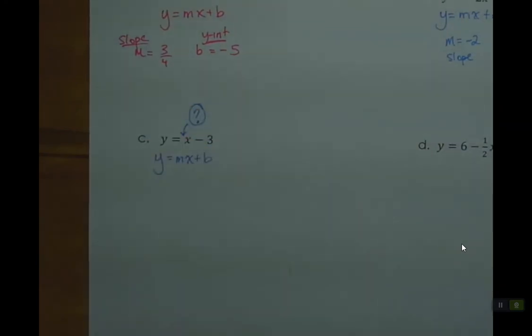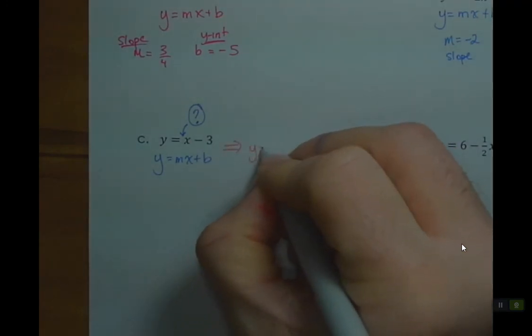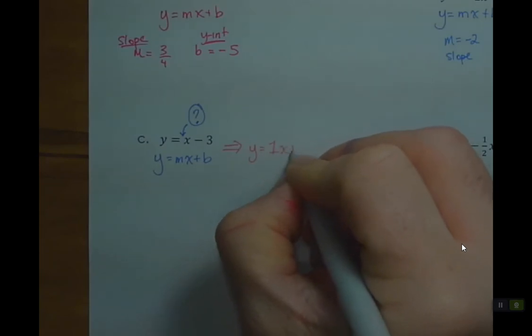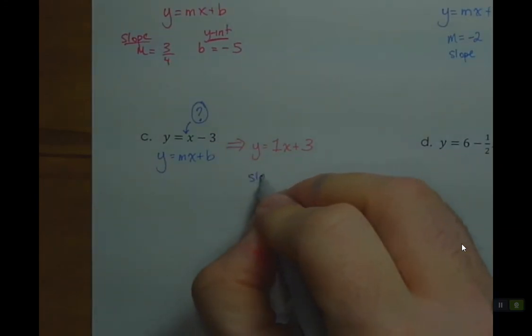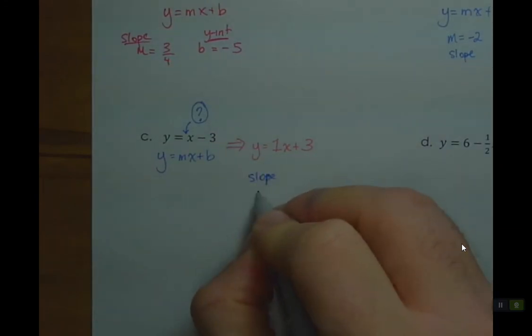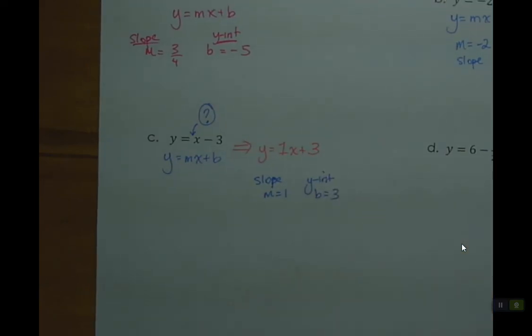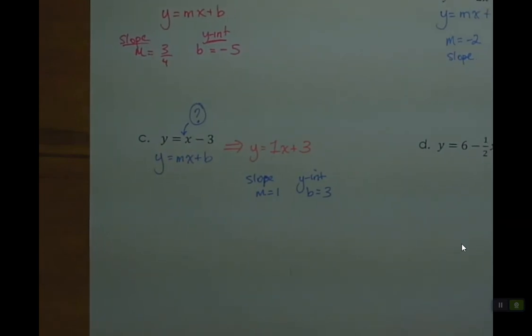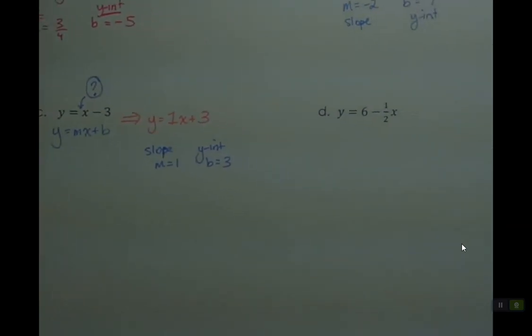So another way of writing that equation, 1x plus 3. Now I can see that my slope is m equals 1 and my y-intercept is that. So just keep that in mind if there's not a number there.